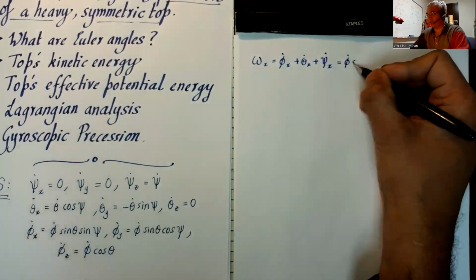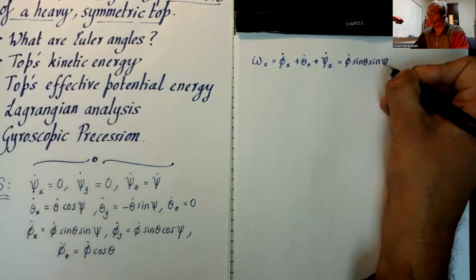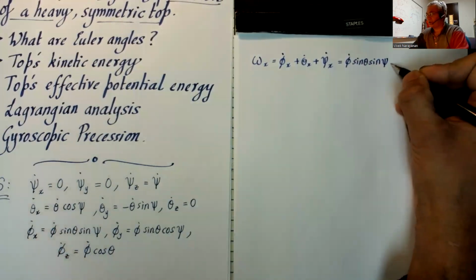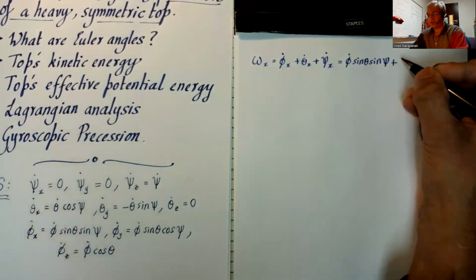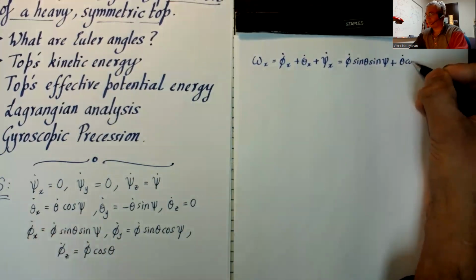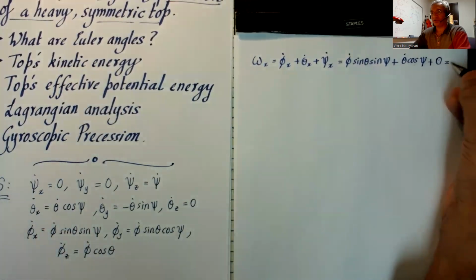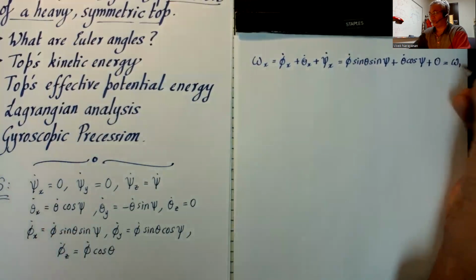So I get phi dot sine theta sine psi, and then theta dot x, and psi dot x is 0. And I'm going to call this for simplicity omega 1 instead of omega x.